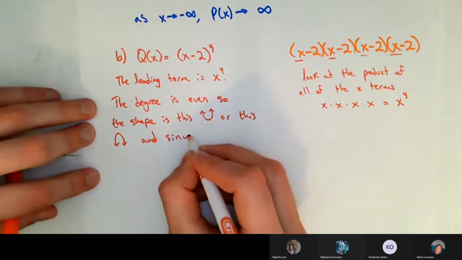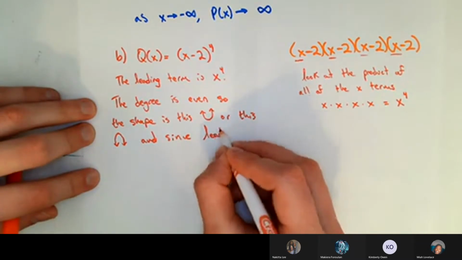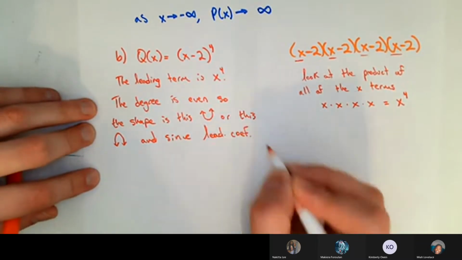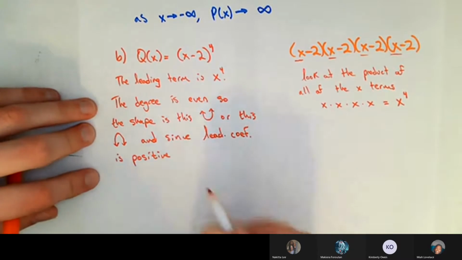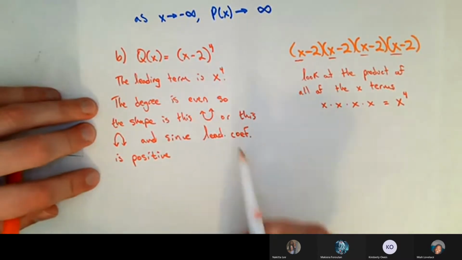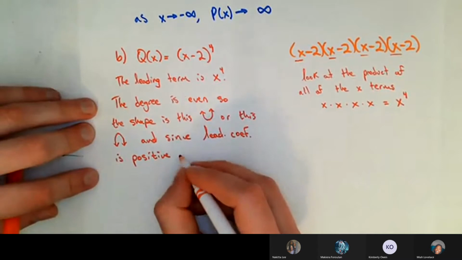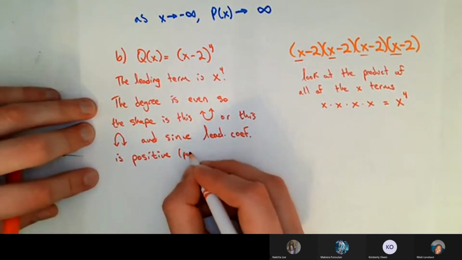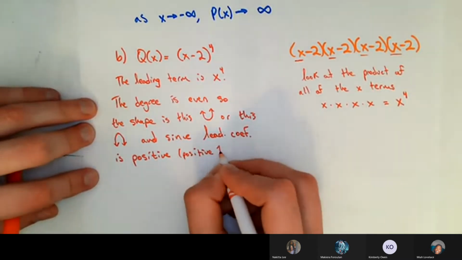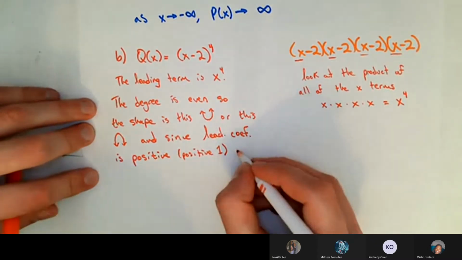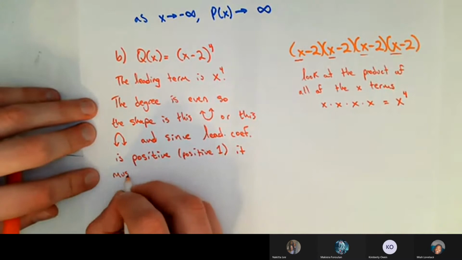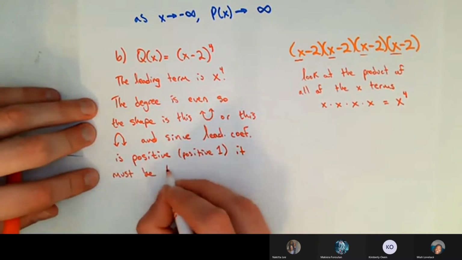And since the leading coefficient is positive, technically a positive 1, I'll say parenthetically here, positive 1, since we don't officially see it, I want to write out what it actually is. It must be the one that points up. It must be this shape.